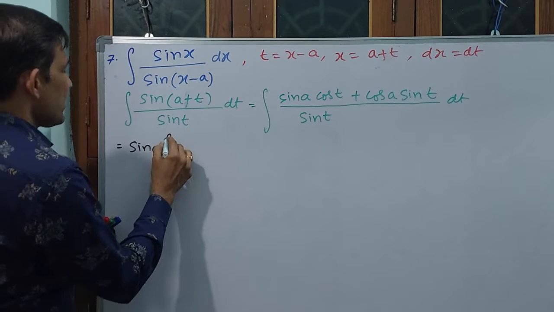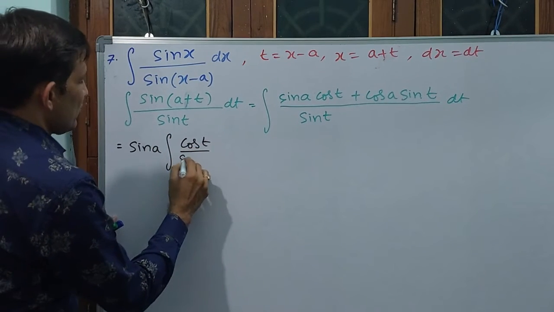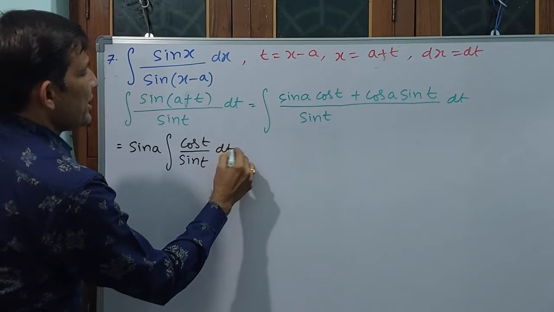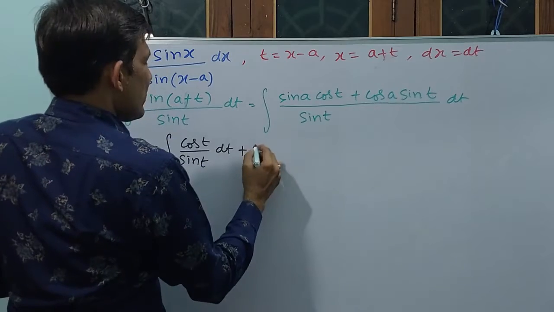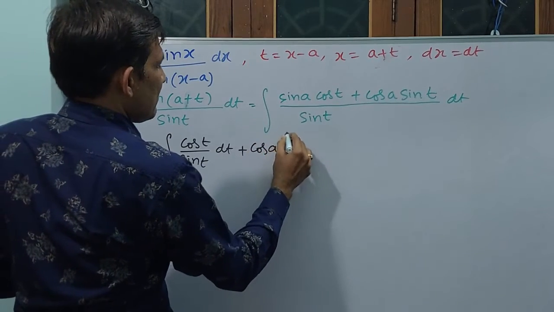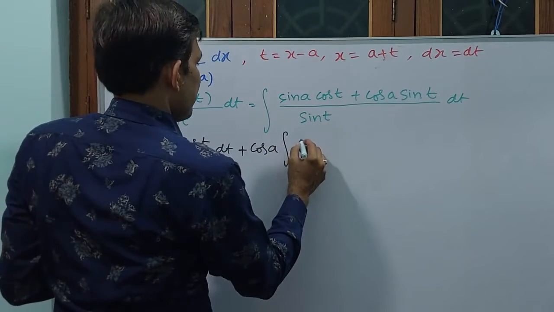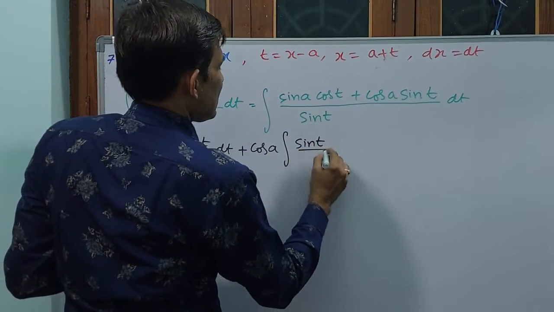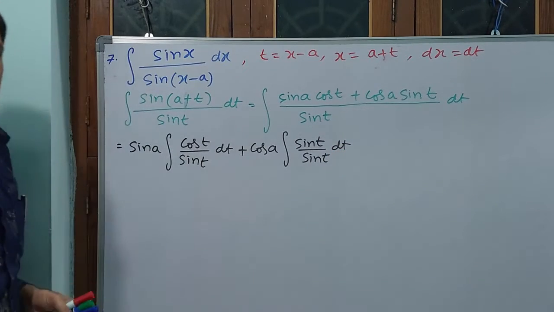Because this is a constant. Integral cos t by sin t dt plus, here also you take cos a common, or what we can say, constant, sin t by sin t dt. Is it okay?